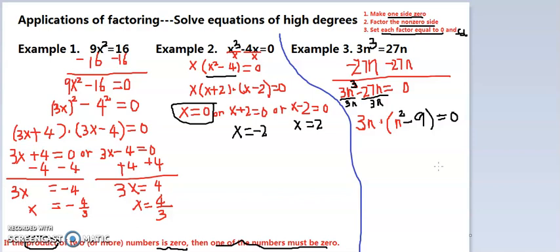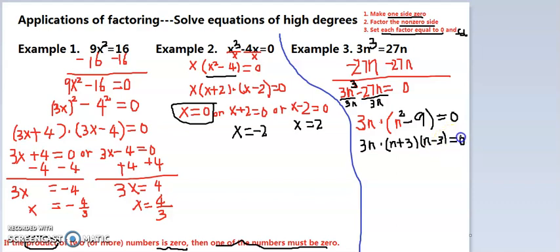And when we get here, we keep 3n, but n squared, notice it's a difference of two squares again, because 9 is 3 times 3. So we're going to get n times n. In order to get n squared, that would be n times n. In order to get minus, that's going to be plus times minus. In order to get 9, it's going to be 3 times 3. So that's the difference of two squares, equals 0.